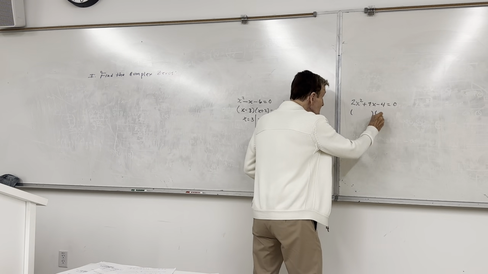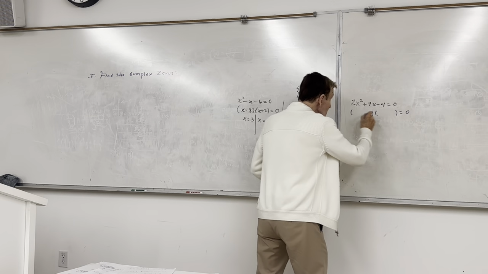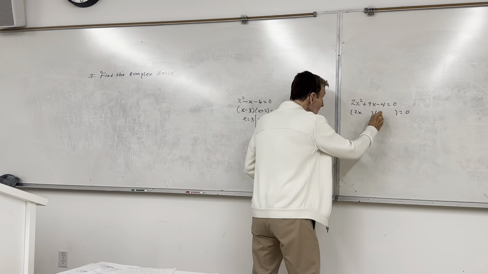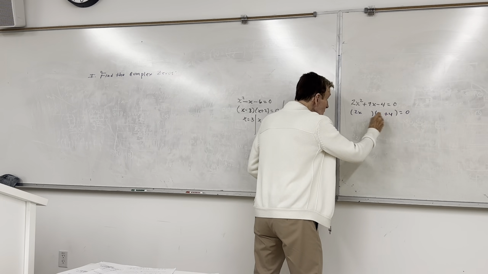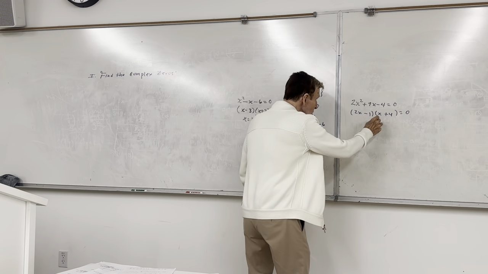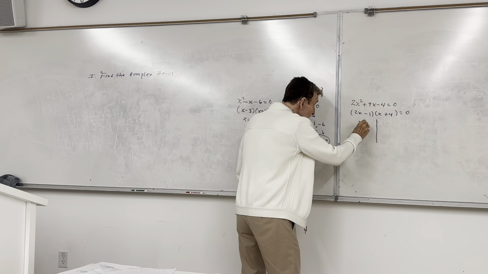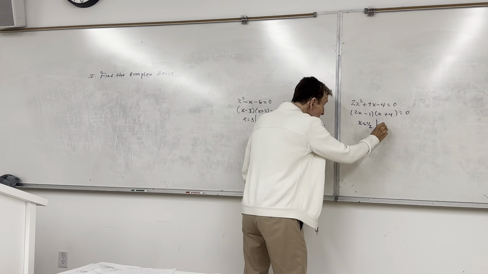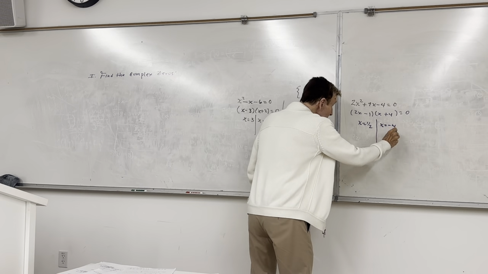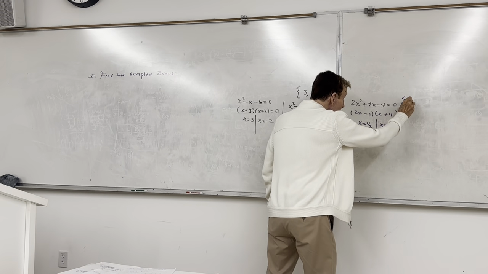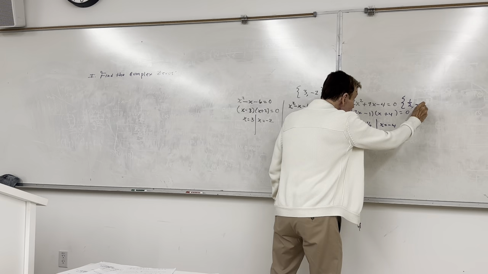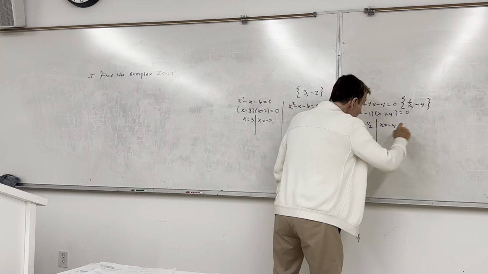We would factor it: (2x - 1)(x + 4). And quickly, with our factoring skills, we'd say the answers are 1/2 and -4, if I have no mistake up here.